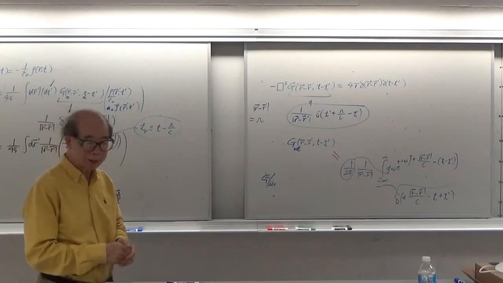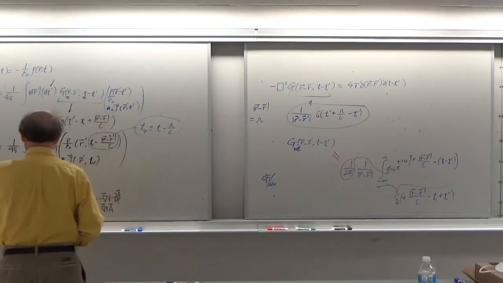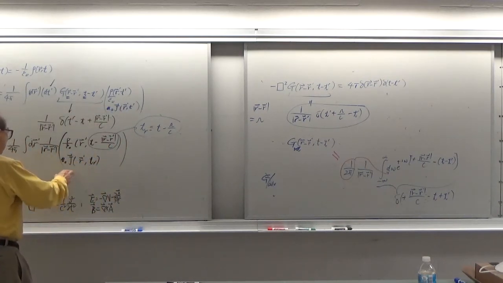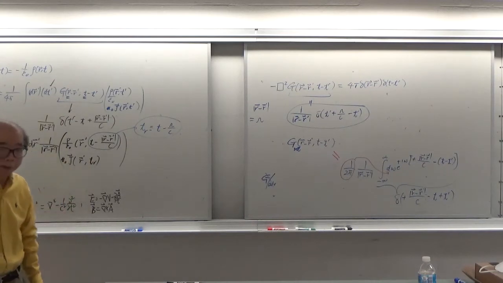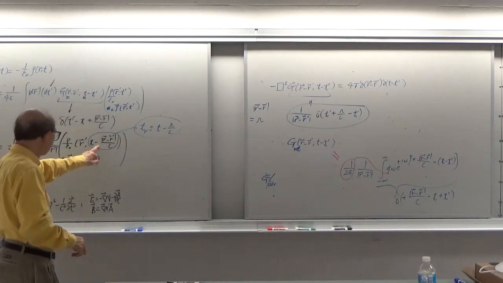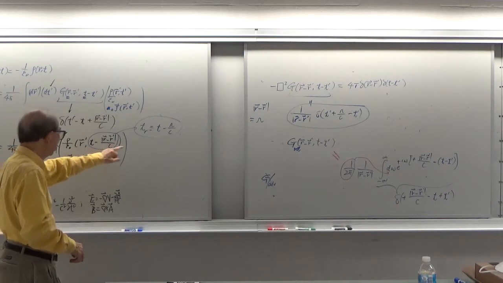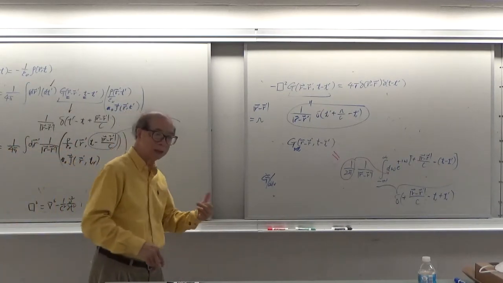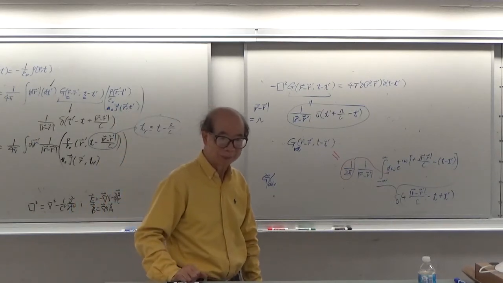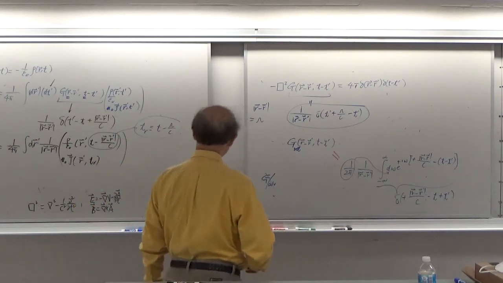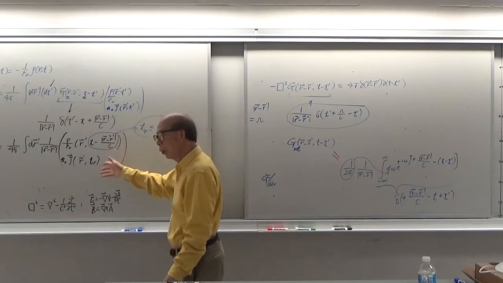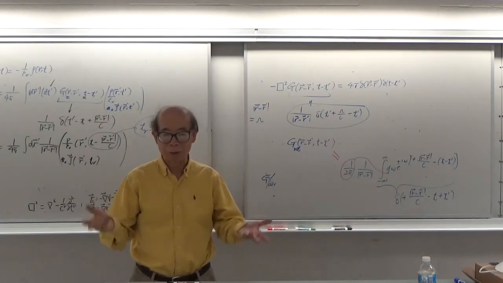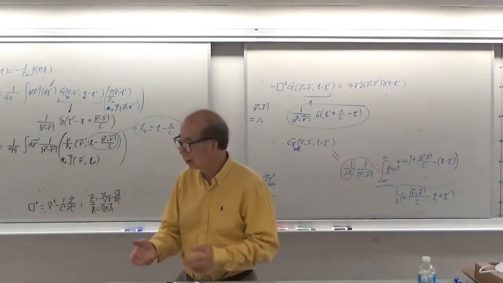So it's amazing that what we have found is just the static solution, with the time dependence on the source being the retarded time, which reflects the finite speed of propagation of light. And that's all.